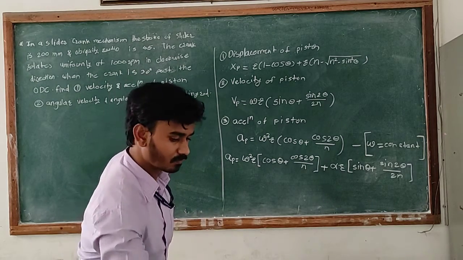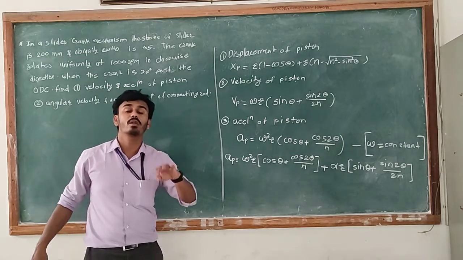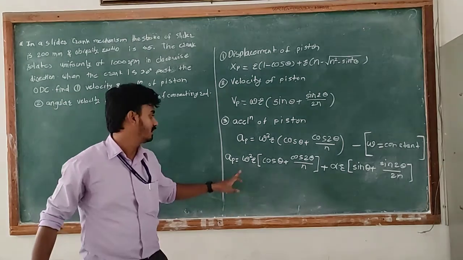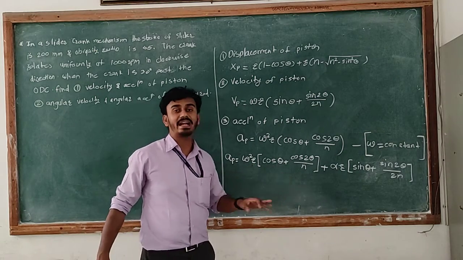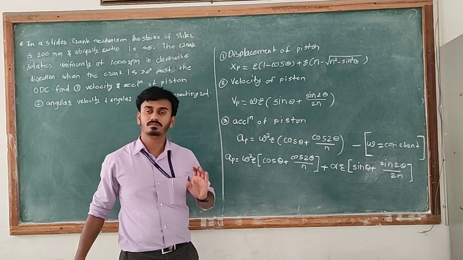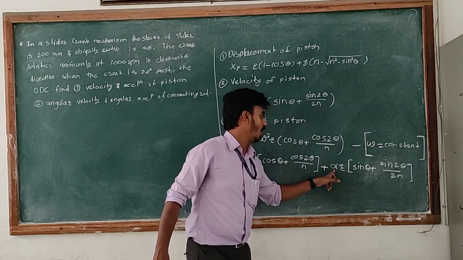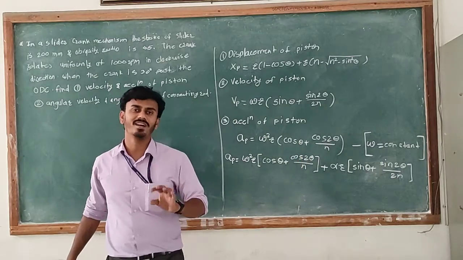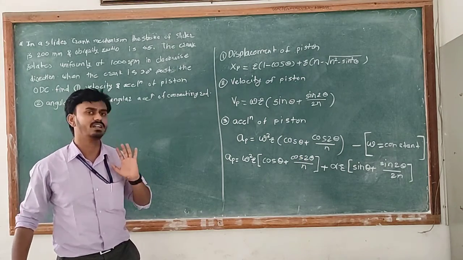Here omega is the angular velocity of the crank, r is the length of the crank, theta is the angle made by the crank with the inner dead center, and n is the obliquity ratio. Alpha is the angular acceleration of the crank.